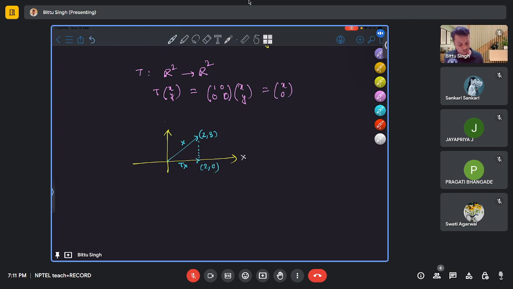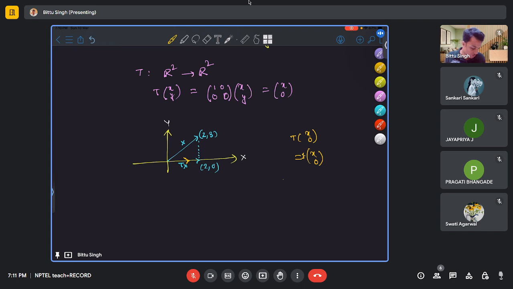Now you can see from the picture there exist some vectors for which T acts as stretching. For example, if you consider any vector from the x-axis, then the projection is the same thing, right? The projection is also that same vector. T of x comma 0, by definition, is x comma 0. That is, on the x-axis, every vector is stretched by 1. The factor is 1 here. So T of x comma 0 is 1 times x comma 0.